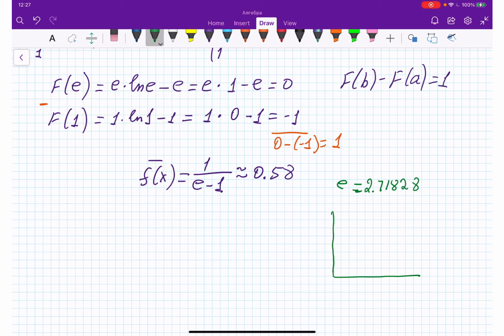Here, let's say it's going to be e. So approximately it's going to go like this. No, I don't like it. It has to be curved.